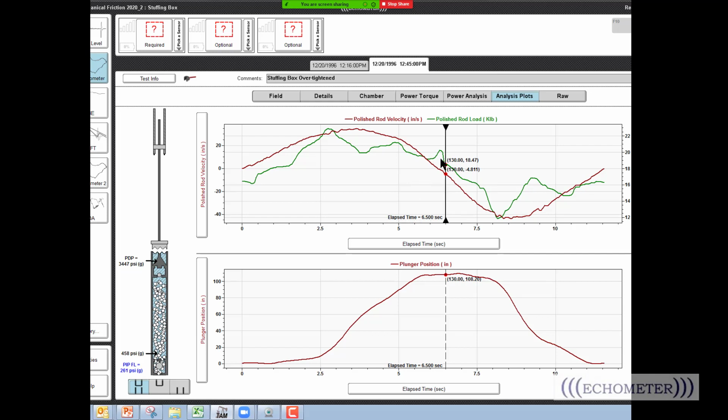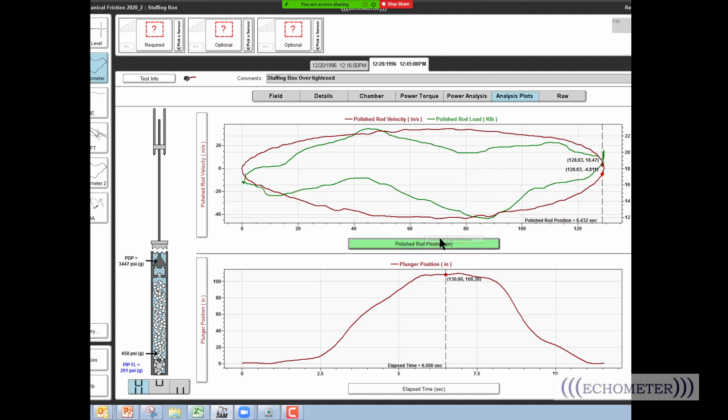So the friction reversal occurs over about 4/10 of a second, and it becomes a vertical line since it's at the top of the stroke. Let me show you what happens here. I'm going to change this from elapsed time to polish rod position, and see how that vertical line occurs right there.